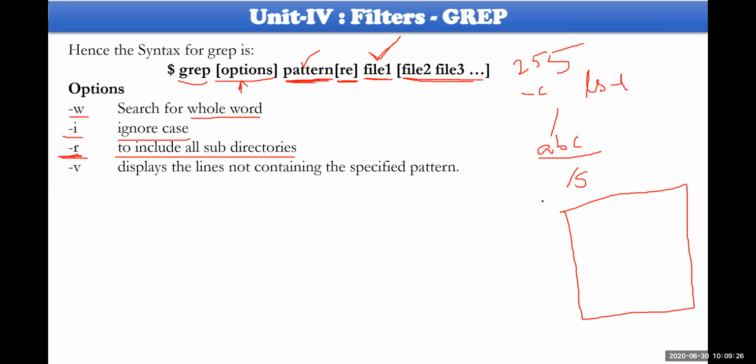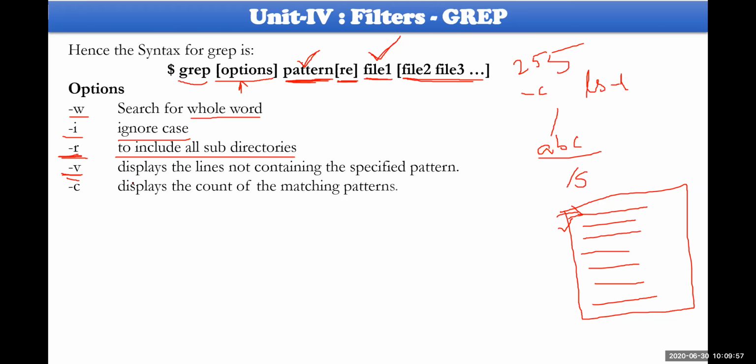A file is constructed with several lines. The -v option always displays the lines where the pattern does not exist. If a line does not have that particular pattern, it is displayed. If the line has that pattern, it is not displayed. That is the intention of -v here.